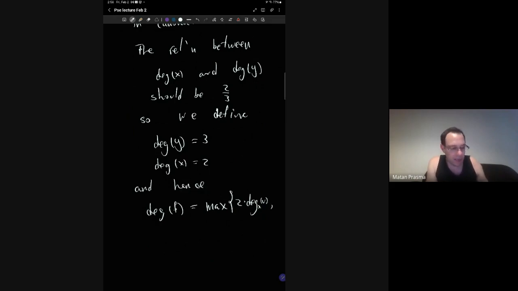And the second term is y times w(x), but y is of degree 3. So this is 3 plus 2 times the degree of w. Okay, so this is our notion of the degree of a polynomial over E.